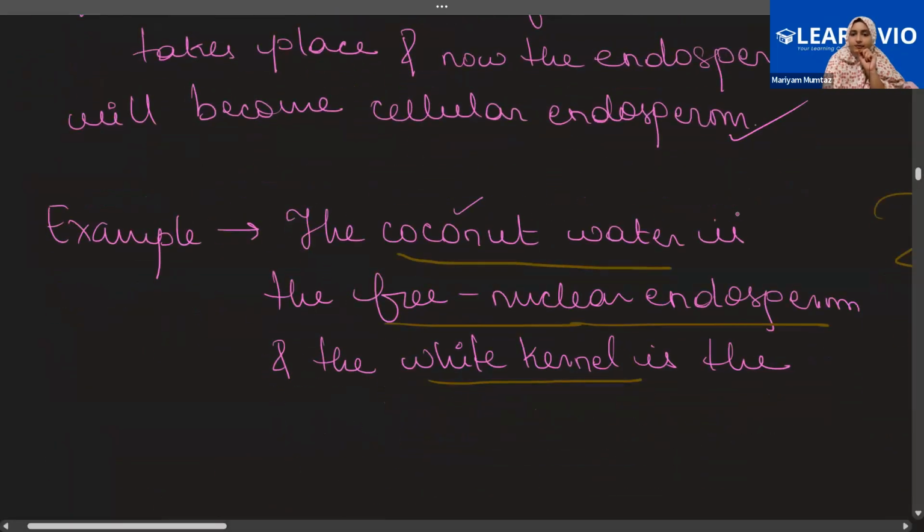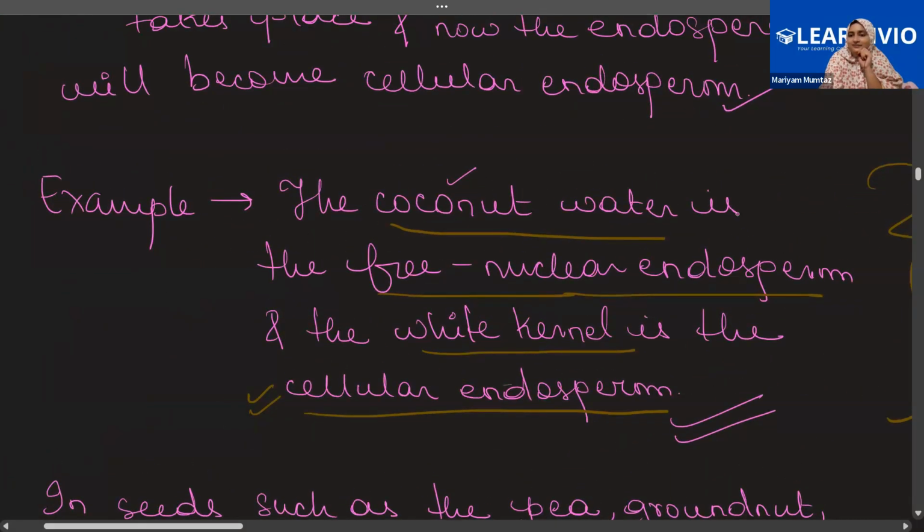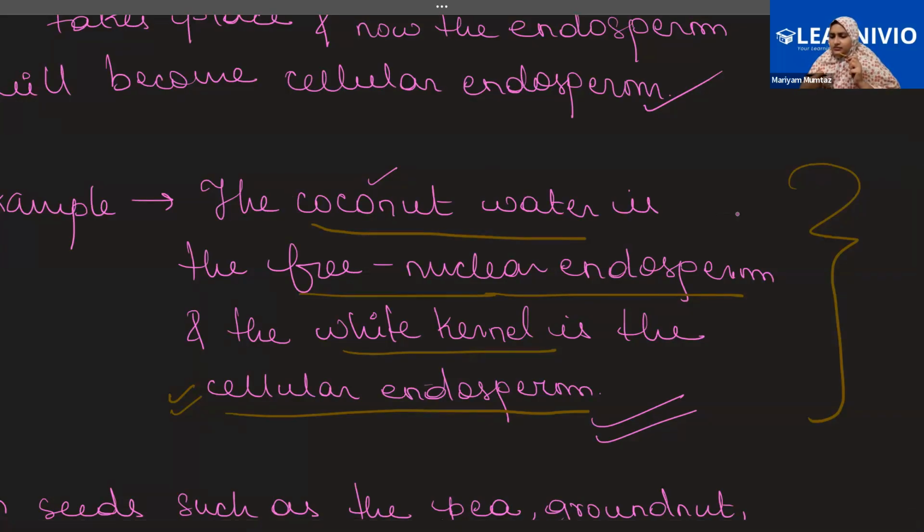Now, have you ever had coconut water? And have you ever eaten that white portion? See, the coconut water that we are drinking is also endosperm, and the white part, the malai of the coconut, that is the cellular endosperm.